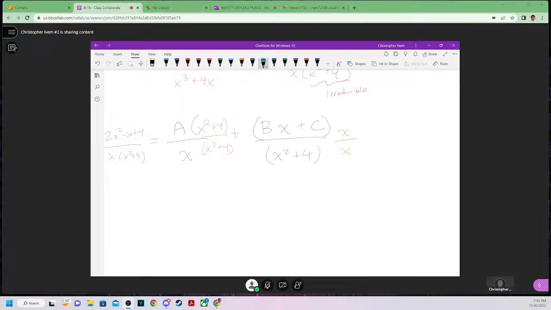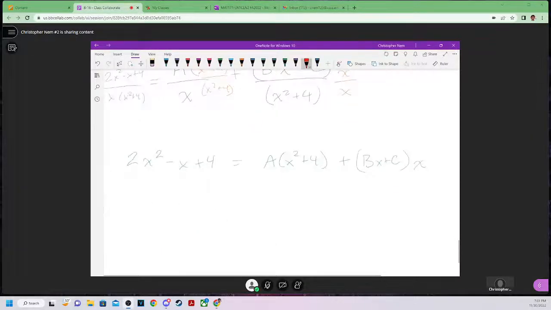Now, when I set up my equation, because I'm adding my numerators together once they have the least common denominator, the numerators better add up to 2x squared minus x plus 4. It's equal to a times (x squared plus 4) plus (bx plus c) times x.